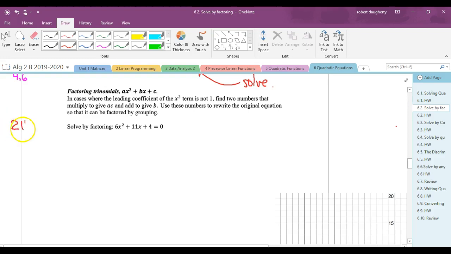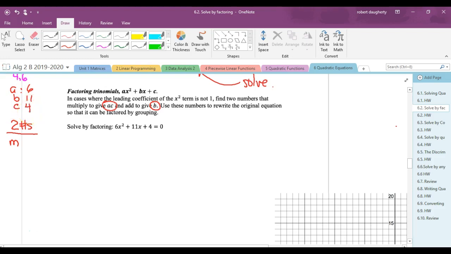Here, I need two numbers that multiply to give me a times c, and they need to add to give me b. Okay, so in this problem right here, what is a? 6. b is 11. c is 4.